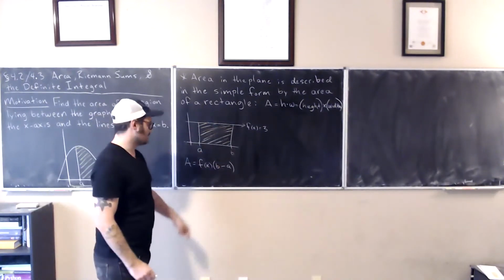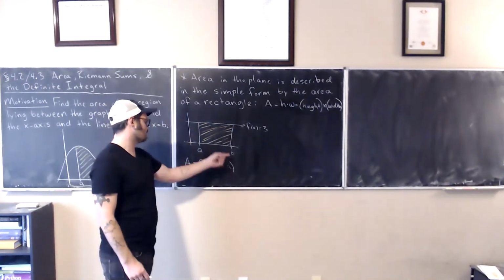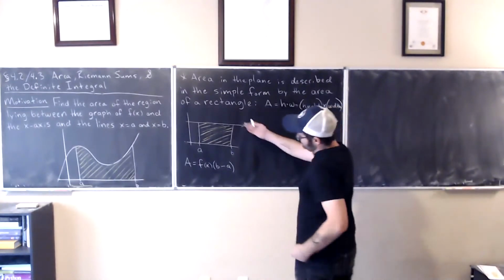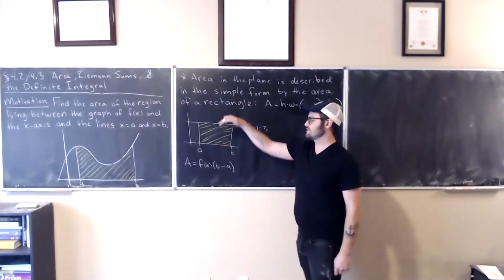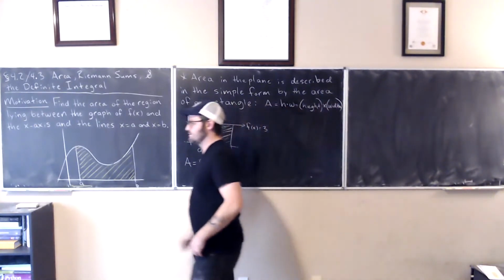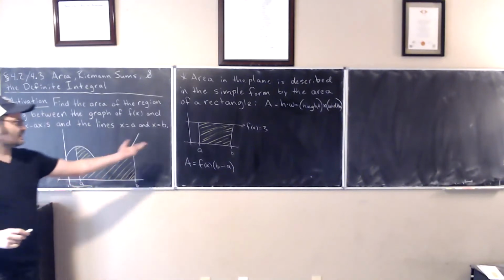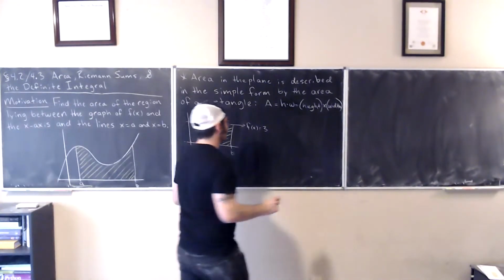So it'd be 3 times whatever b minus a is, and that would be the area enclosed by the x-axis, the curve, and the lines x equals a and x equals b. So this type of function we could do.